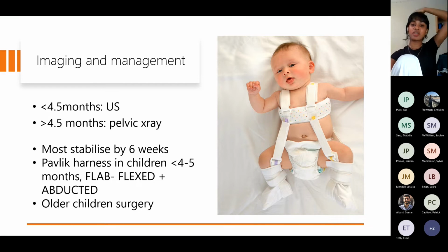So you do Barlow and Ortolani at the NIPE and at 6 weeks. The GP can just do that. But does anyone know when you would do an ultrasound scan for a baby? There are some criteria you need to know for screening for DDH.